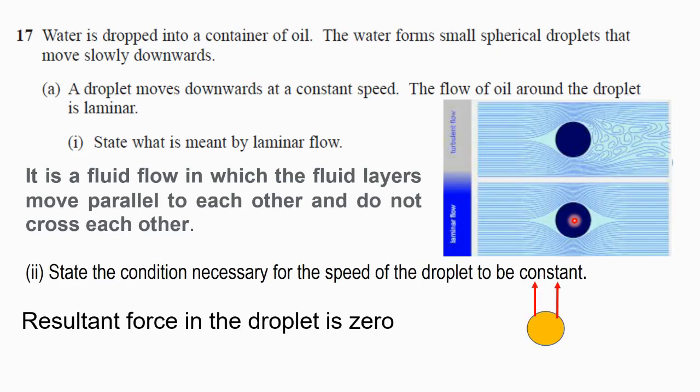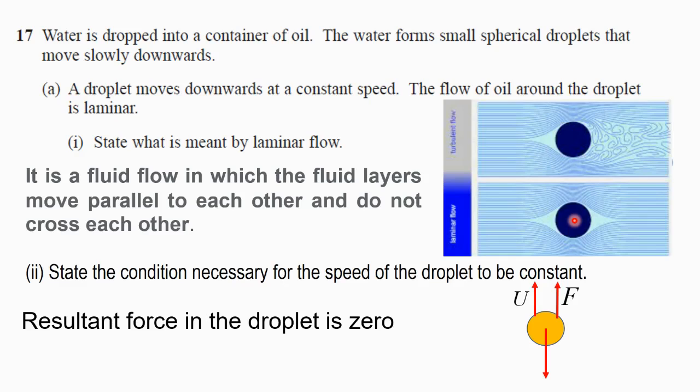Then what are the forces acting on the droplet? First, the droplet has an upthrust force offered by the oil. Second, there is a drag force, which is due to the viscosity of the oil.